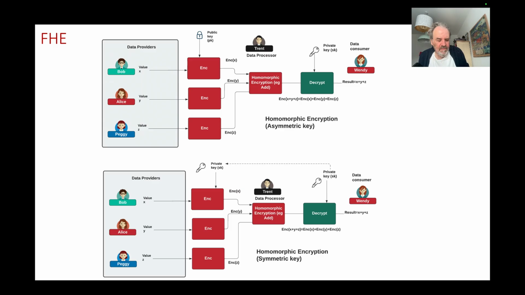There are two main methods for fully homomorphic encryption. One is an asymmetric method where we use a public key and private key pair, and we encrypt with the public key, then we can process with encrypted values, and then we decrypt with the private key. We can also use a symmetric key, where we use the same key to encrypt and also to decrypt the answer.